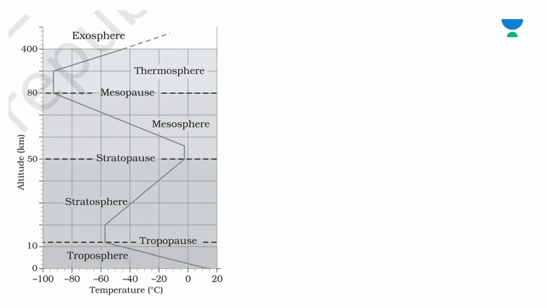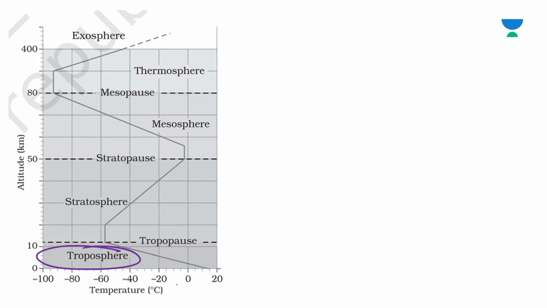Now friends, the troposphere, see here in the diagram, is the lowermost layer of the atmosphere, and its average height is 13 kilometers.